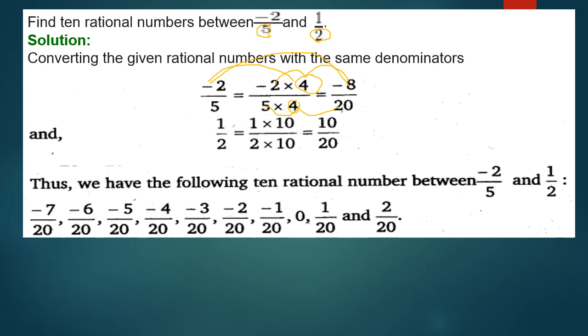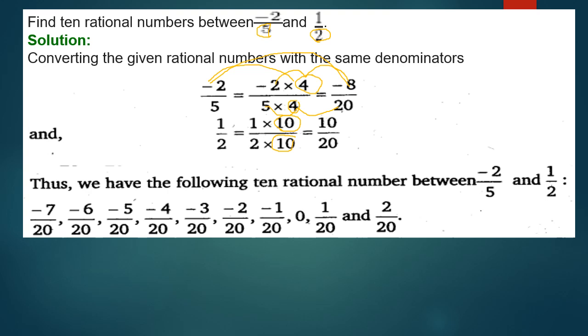In case of the second fraction, 1 by 2, to make the 2 into 20, we want to multiply the 2 with 10. So 2 10s are 20, 1 10 is 10. Children, thus we have the final form of minus 2 by 5 and 1 by 2 as minus 8 by 20 and 10 by 20.